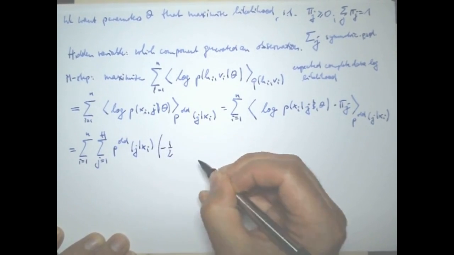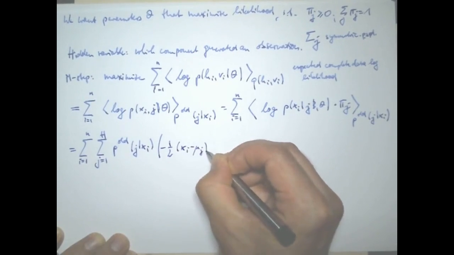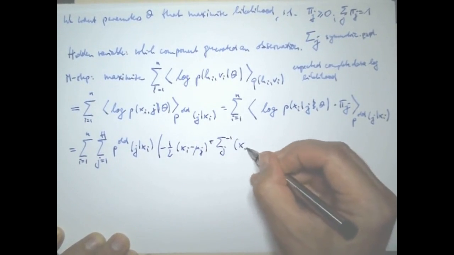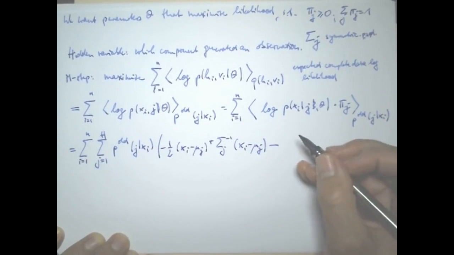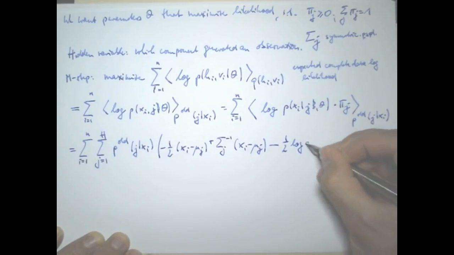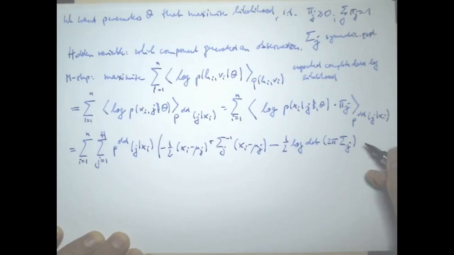So I have directly the argument. Minus the log of the normalizing factor here. There we go.